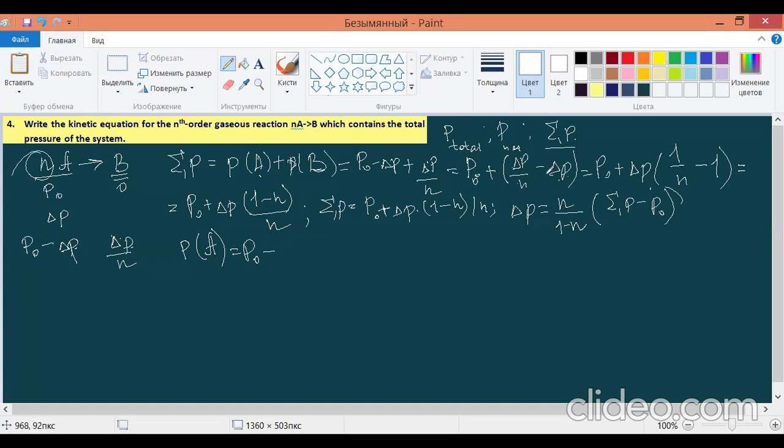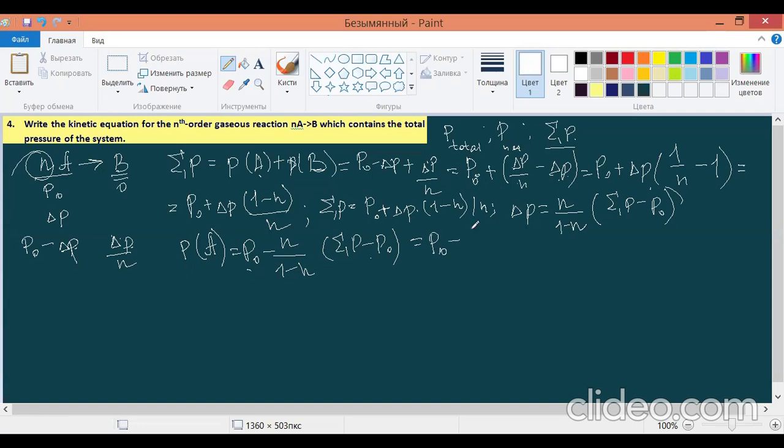And now, for delta P, I'm writing this expression: minus n over 1 minus n times sigma P minus P0. I can see that P0 is contained in these brackets and it is here too. For that reason, I need to open the brackets to group these two elements together.